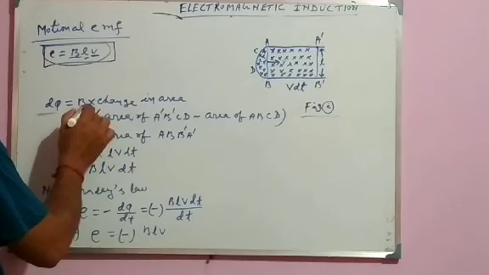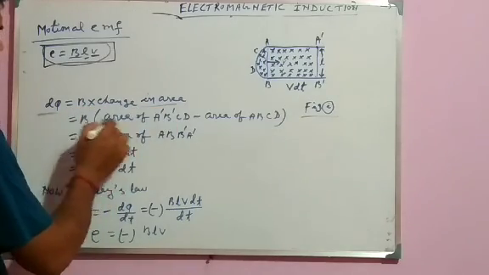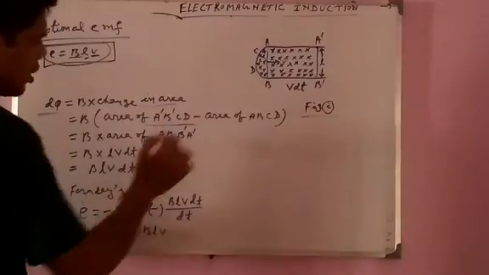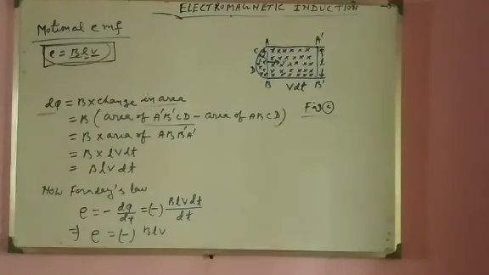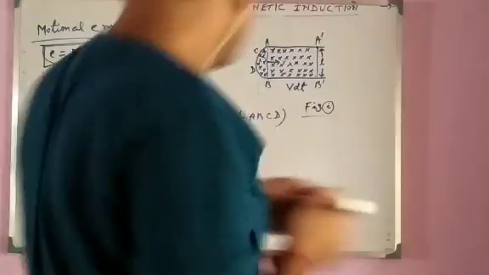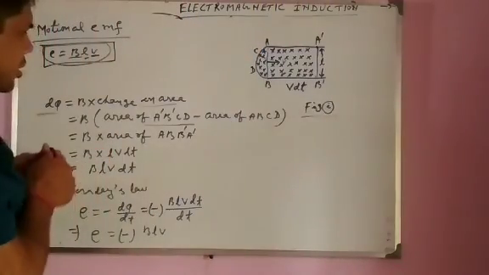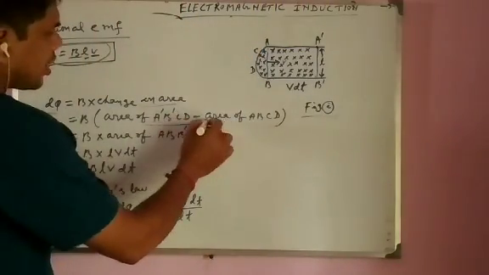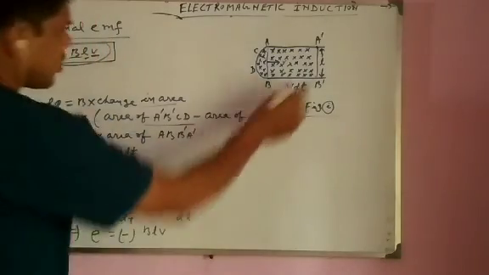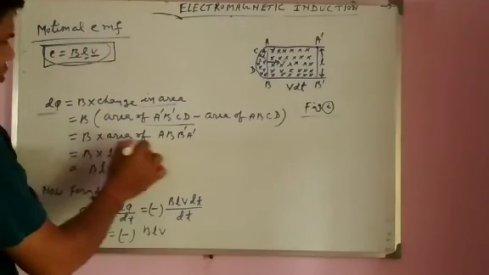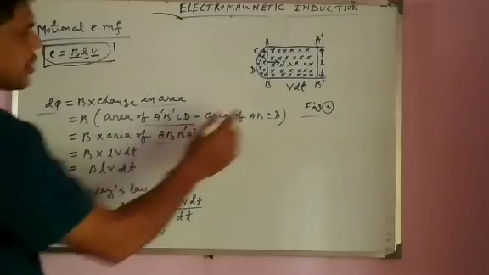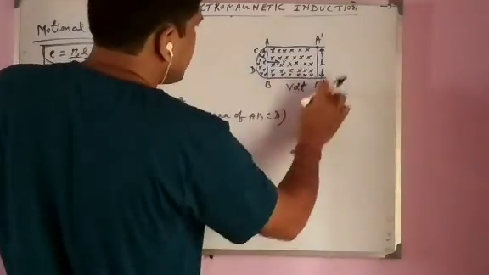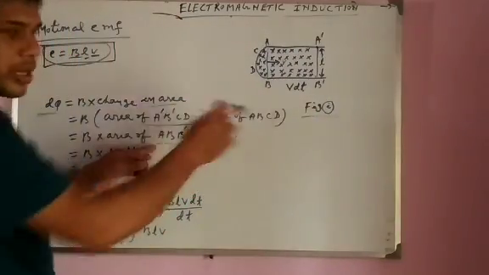So d phi equal to B into the change in area, B into the area of A dash B dash CD minus the area of ABCD as shown in figure 1. The change in area is ABB dash A dash, this much area change during time dt.